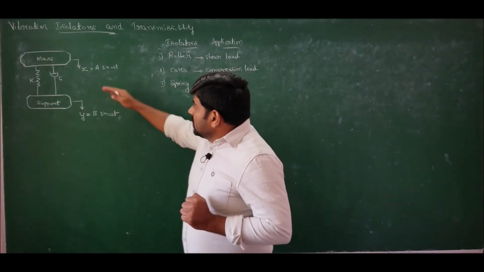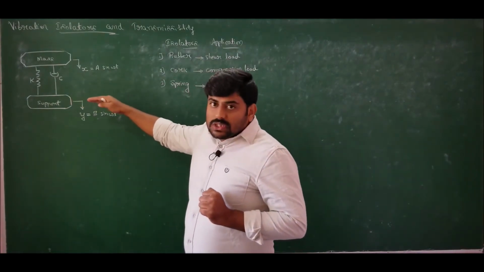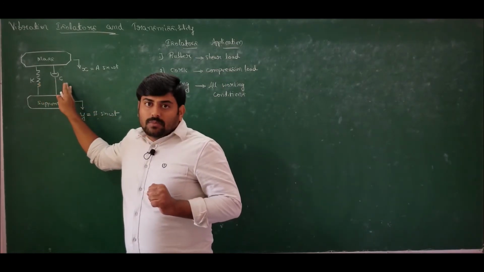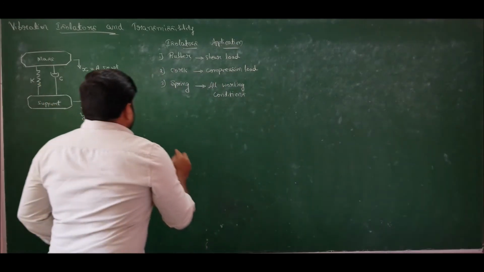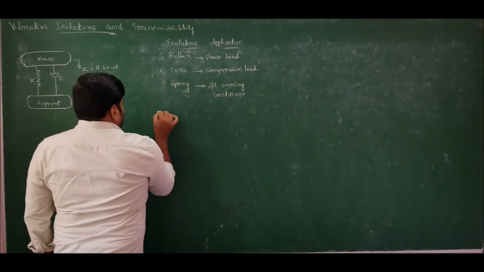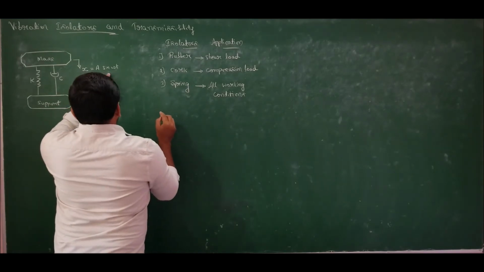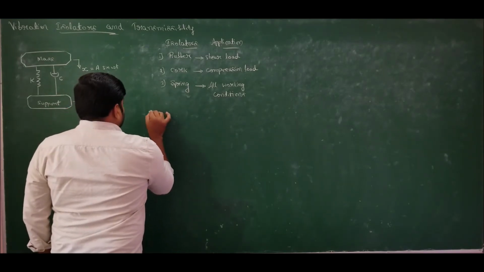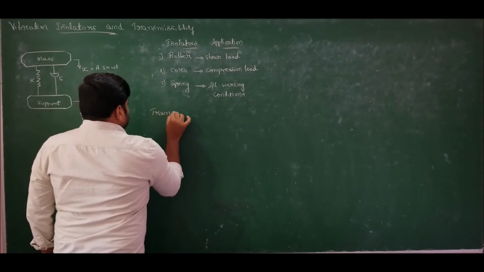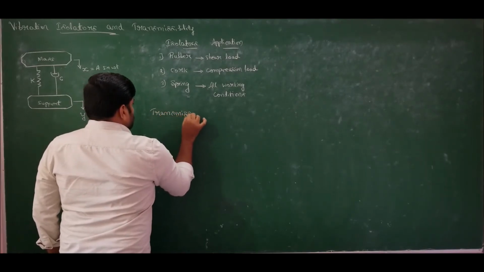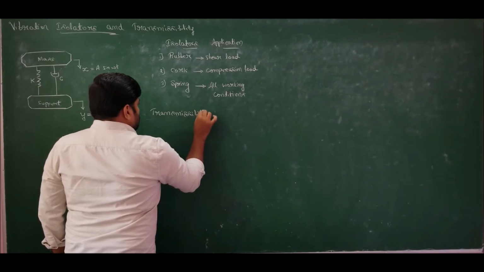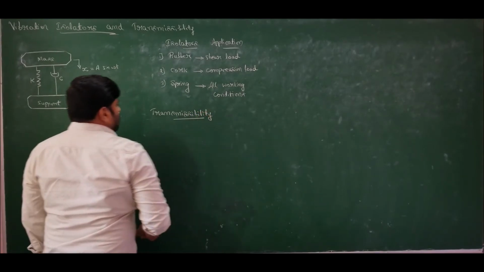Now as I said, the force transmitted to the base is through the spring and dashpot, correct? So let us say the displacement is given by A sin omega t, correct? I am discussing force transmissibility.